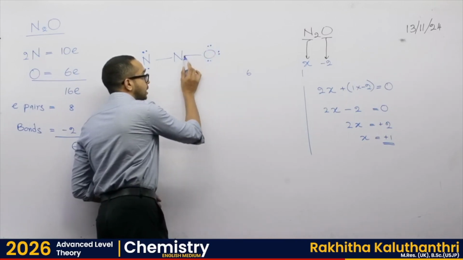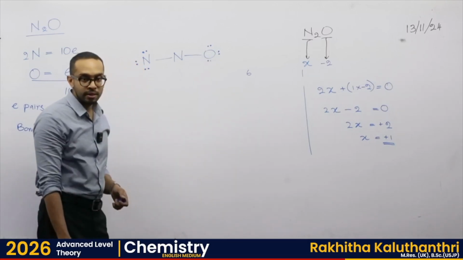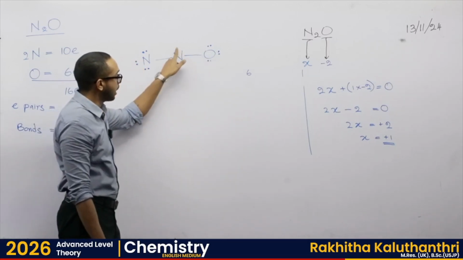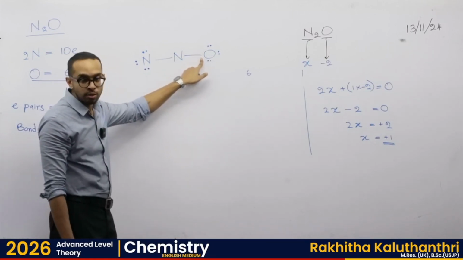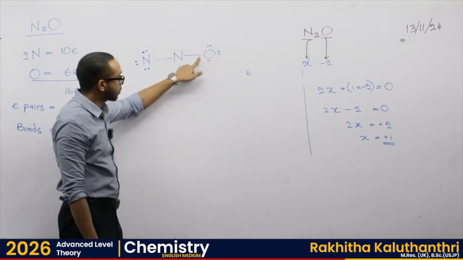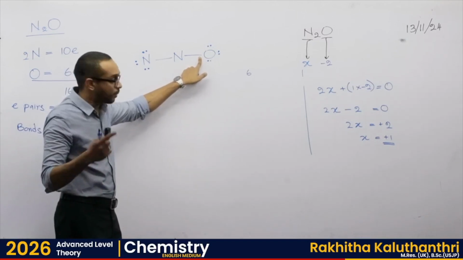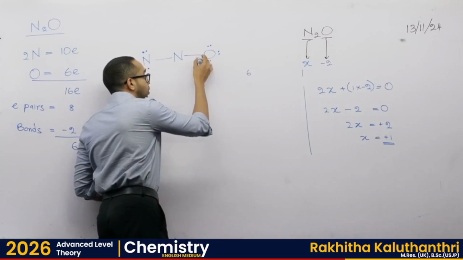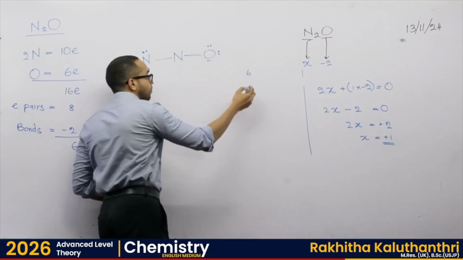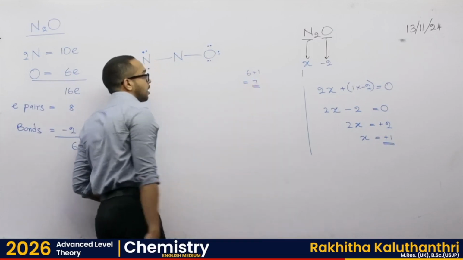Apart from that, in this bond, 1 electron belongs to oxygen, because a bond is formed with nitrogen's electron and oxygen's electron. So oxygen has altogether 6 plus 1, which is 7 electrons.